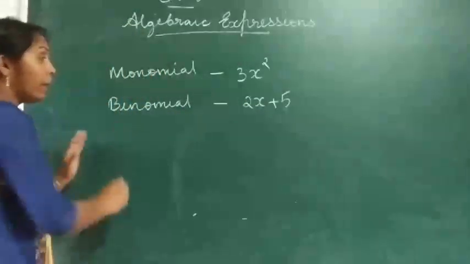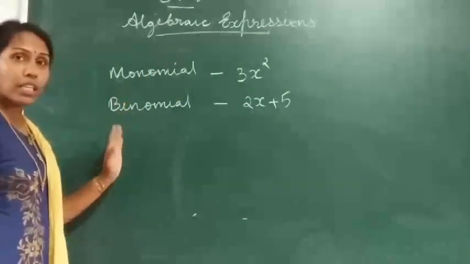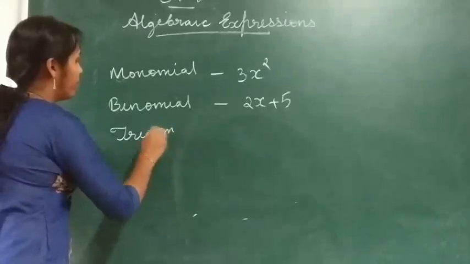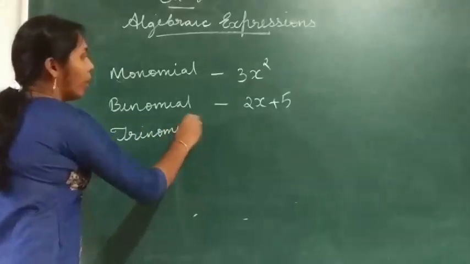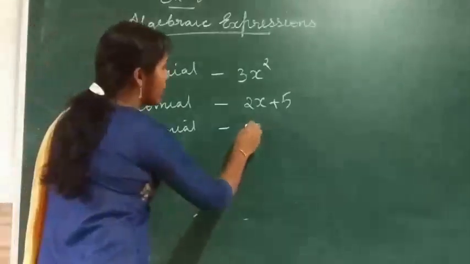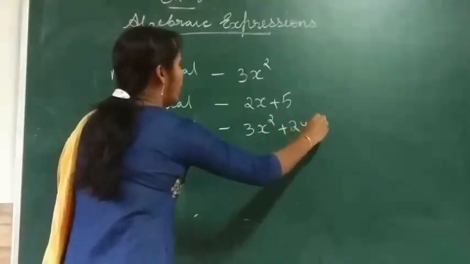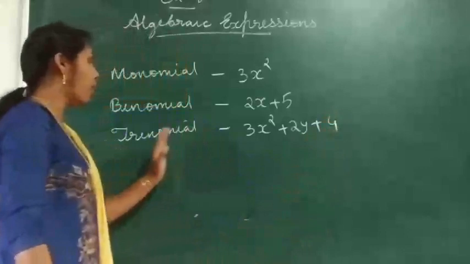Now, an algebraic expression that contains three terms is known as a trinomial. A trinomial contains three terms. For example, 3x square plus 2y plus 4 is an example of a trinomial.